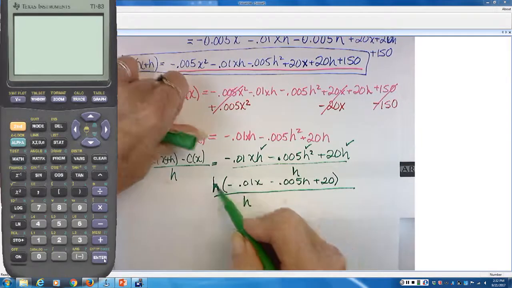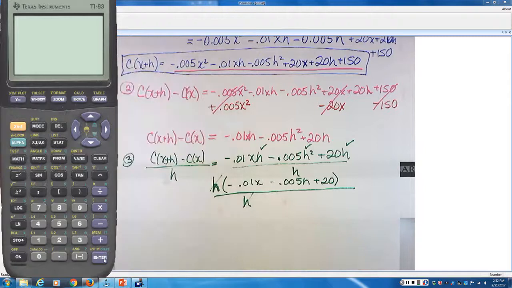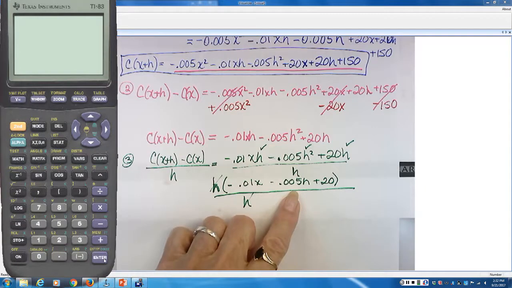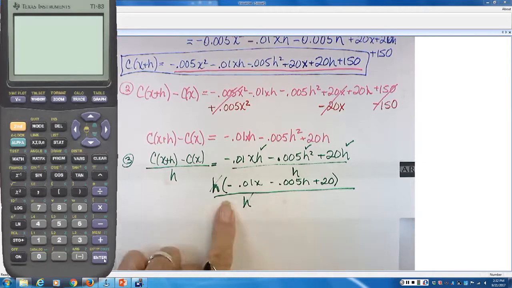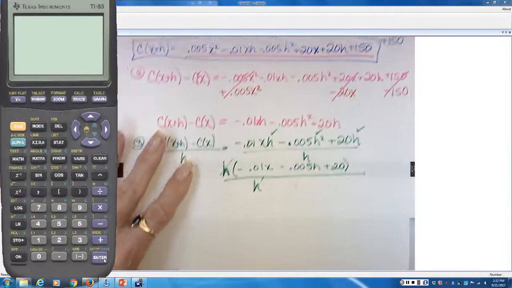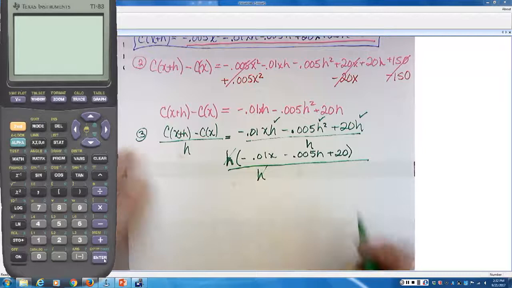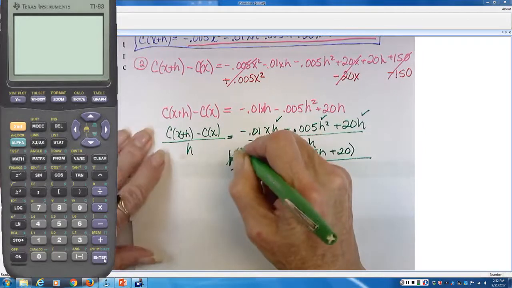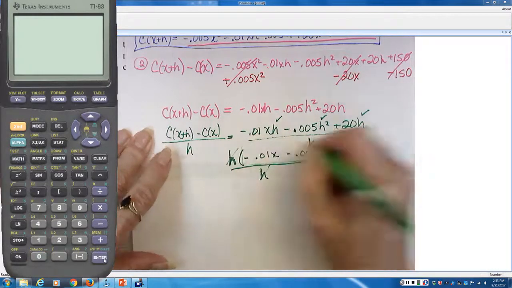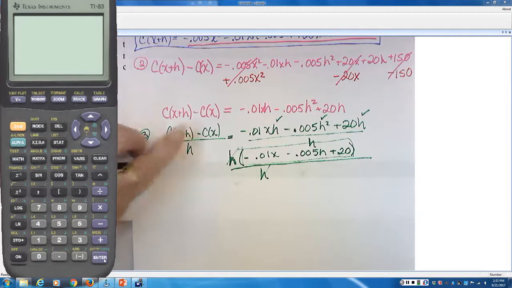Because when I do that, only one of these terms has an h in it, and I'm not going to divide by 0 because there's no h in the denominator anymore. That was the reason to do that. So this part right here is c of x plus h minus c of x over h, but the h disappeared.